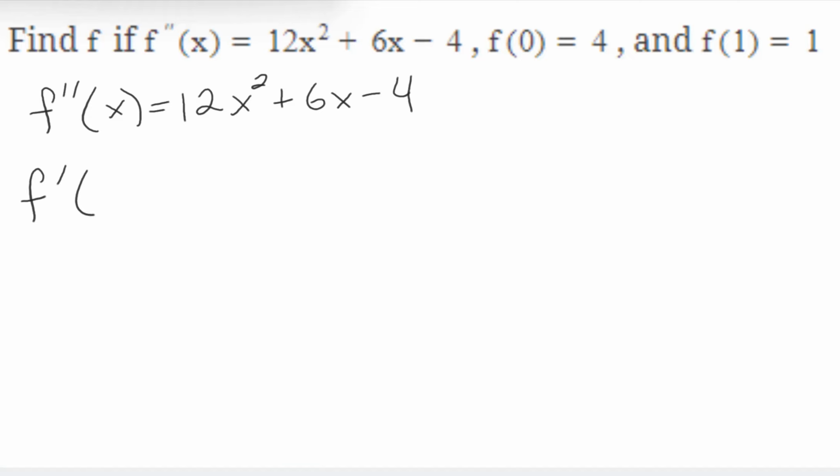Find me f prime of x. I've got 2 more problems after this one, then we're done.